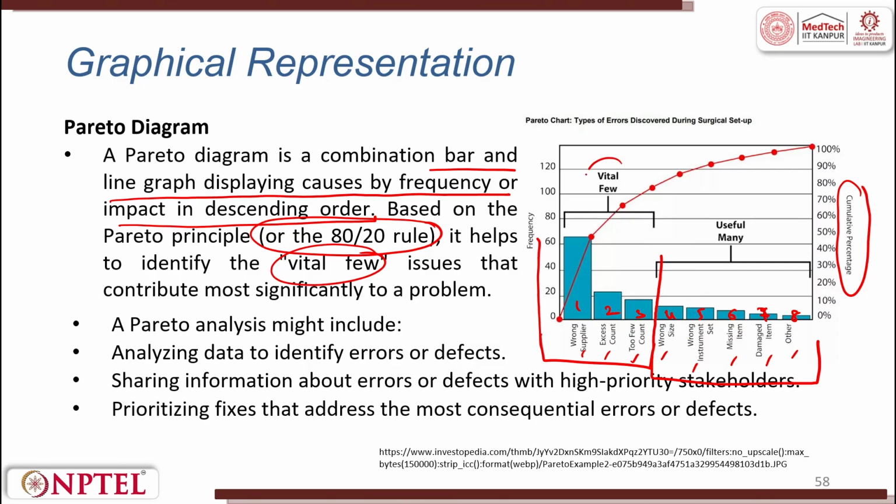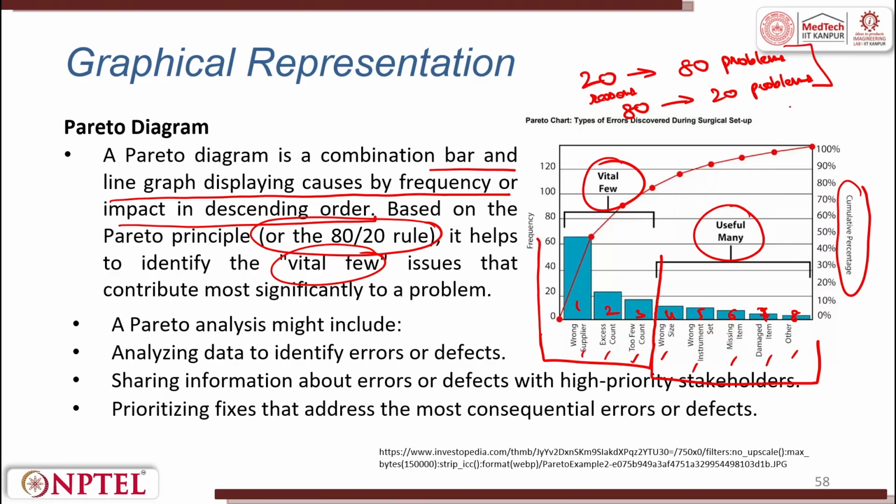So the vital few are identified and the useful many are also identified. That is, 20% of the items contribute to 80% of the problems. On the other hand, 80% of the reasons contribute to 20% of the problems.